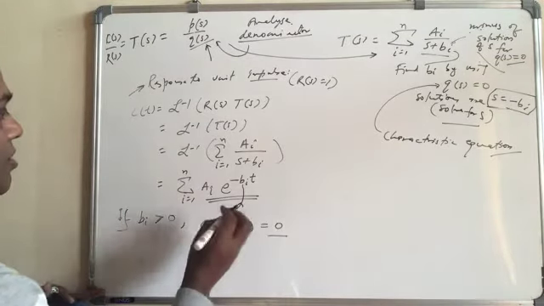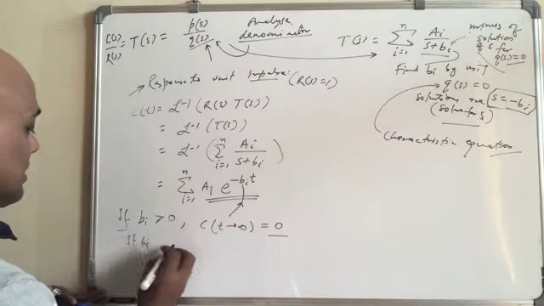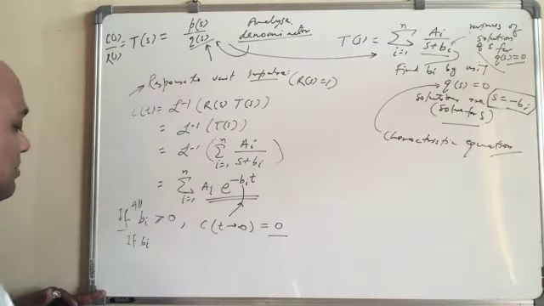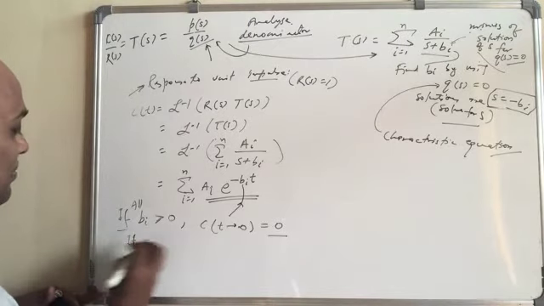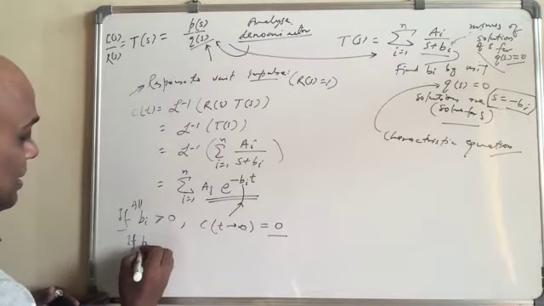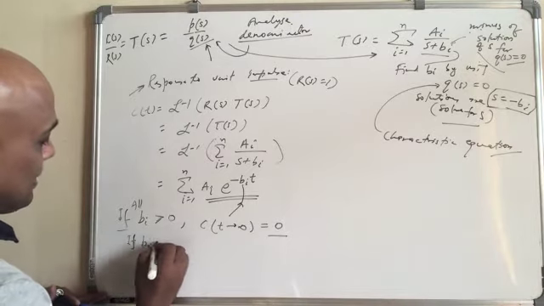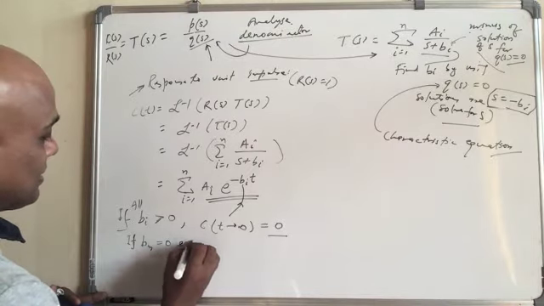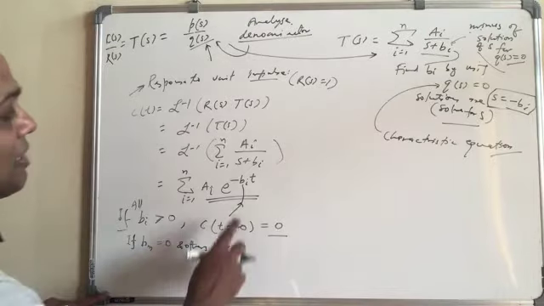Right? Now, if bm is equal to 0 and the others bi are greater than 0, then what do you get?